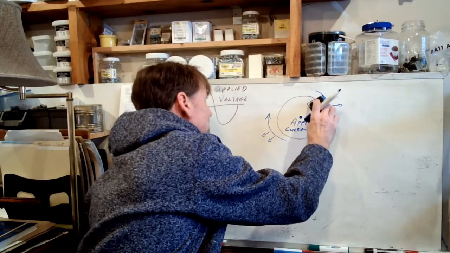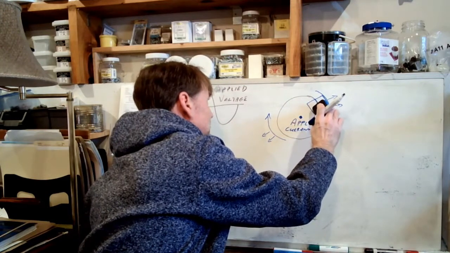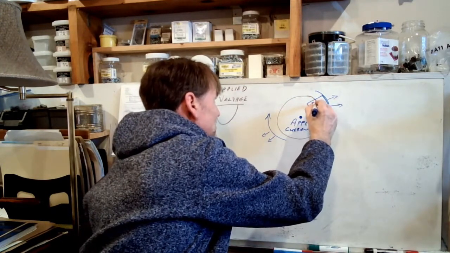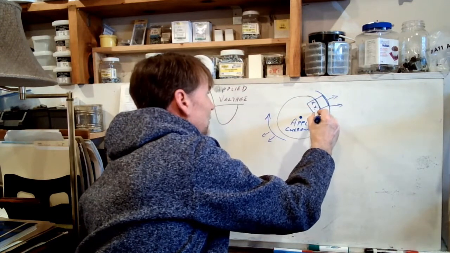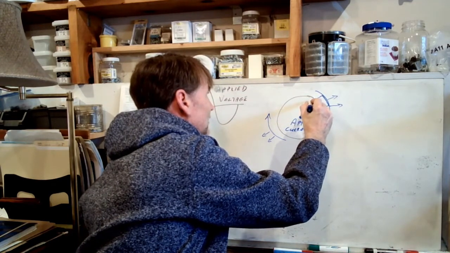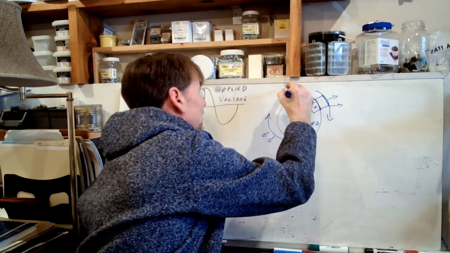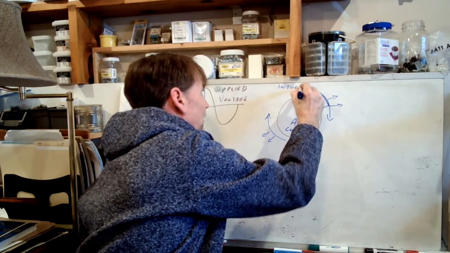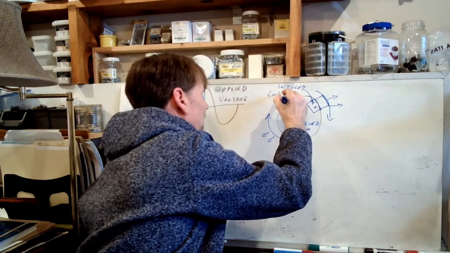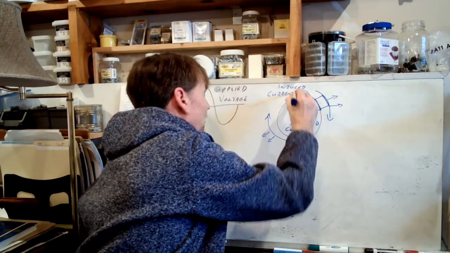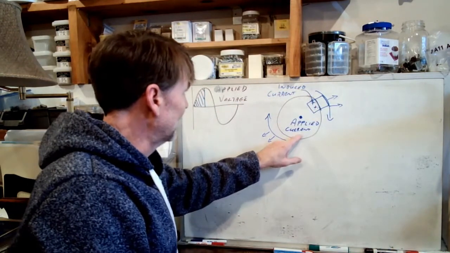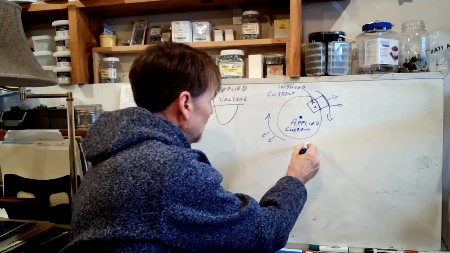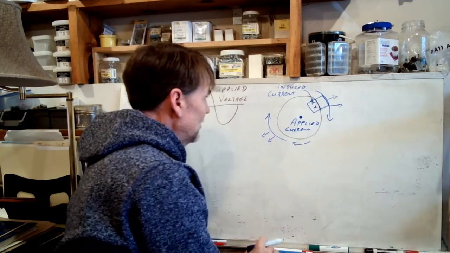So I'm going to have to replace these arrows with some plus signs. And I'm going to call this induced current. Let's try it right here at the very bottom. Okay, lines of flux there.